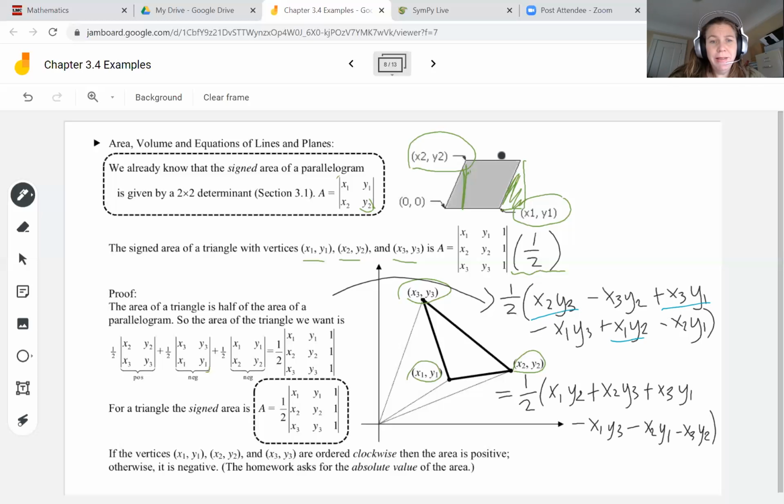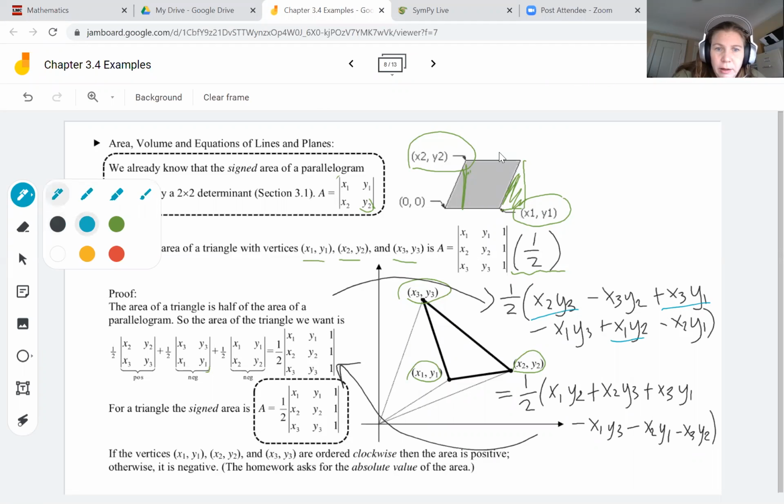So we see this corresponds with the determinant 1/2 multiplied by x1, y1 here in the top row with the 1 coefficient there, and then x2, y2 with the 1 coefficient in the third column, and then x3, y3 with the 1 coefficient in the third column.